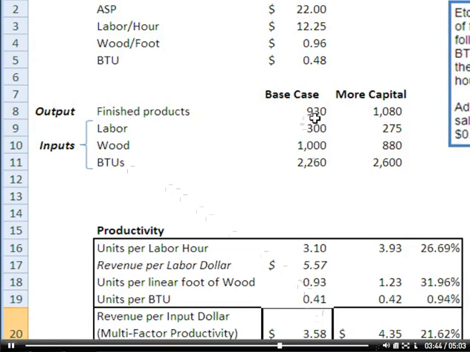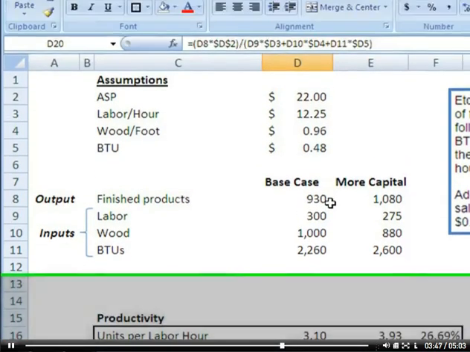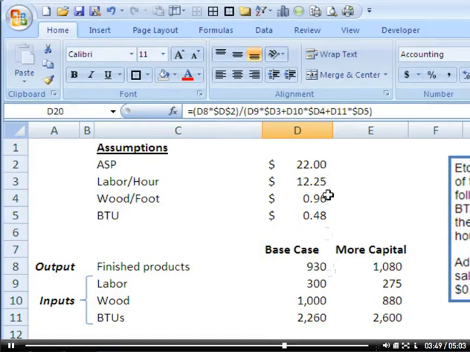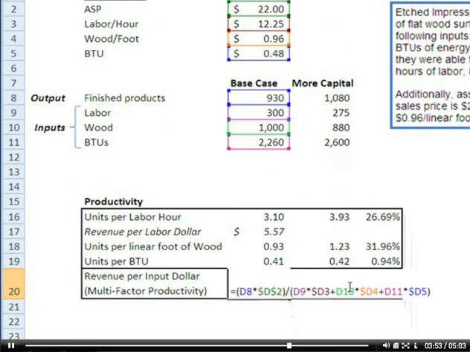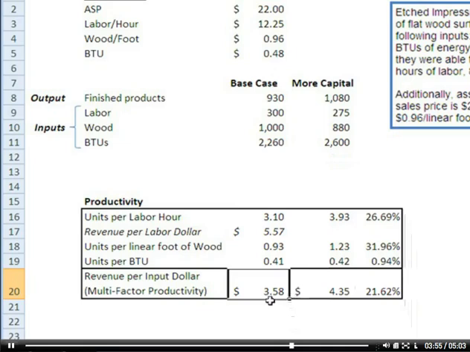We also have to change our output from units produced to revenue or dollars worth produced. And so in this example here, when we do the multi-factor productivity, it tells us for every dollar of input combined among labor, wood, and BTUs, we get $3.58 of output.